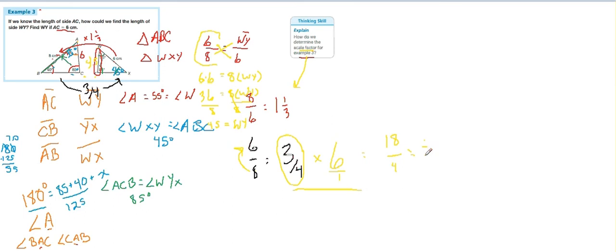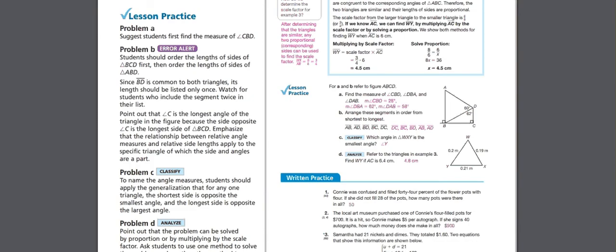Or divide top and bottom by 2, 9 over 2, which is 4.5. Same as this one, I just never reduced it. Also worth 4.5. 36 over 8 is the same thing as this. So that's how you can use relative sides and angles of a triangle.